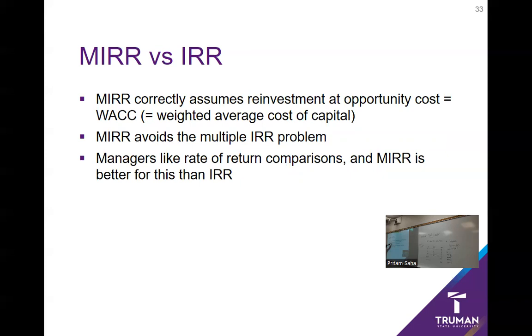From the last class, we learned that in general, if we calculate IRR, it assumes that all of the reinvestments or discounting are not at the required rate of return, right? That's the problem. But in the modified IRR, when you are discounting or compounding the cash flows, one period before and after, we are assuming that they will be compounded or discounted at the required rate of return or cost of capital. That's one of the good things.